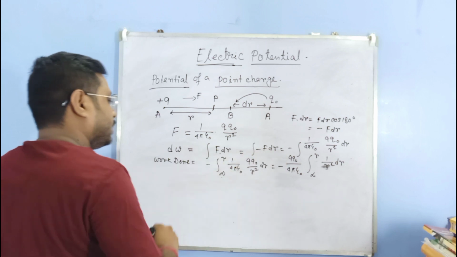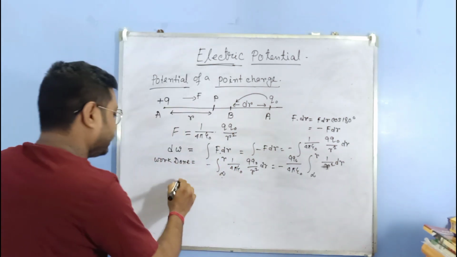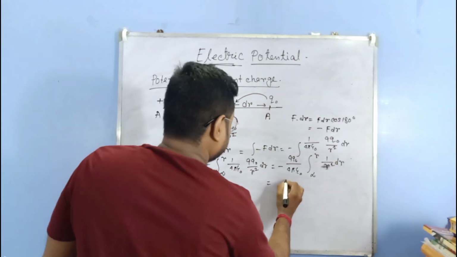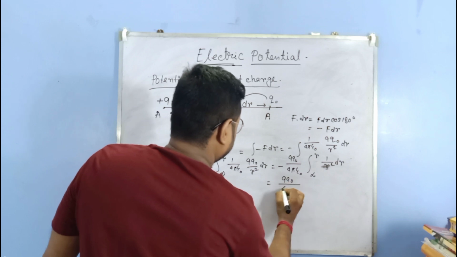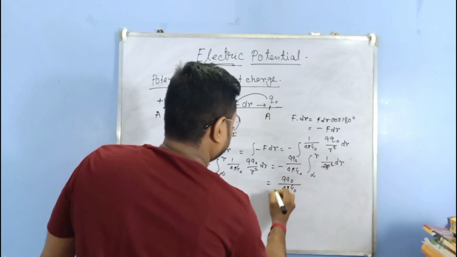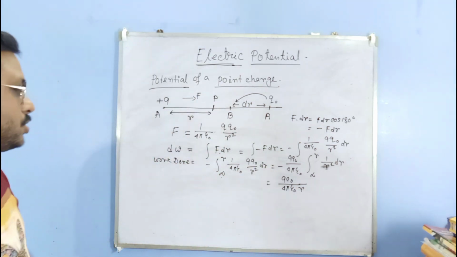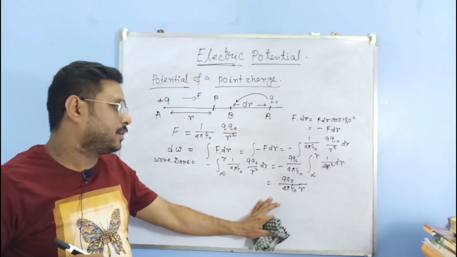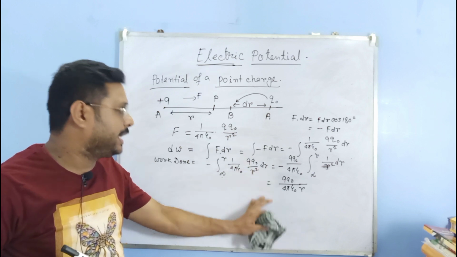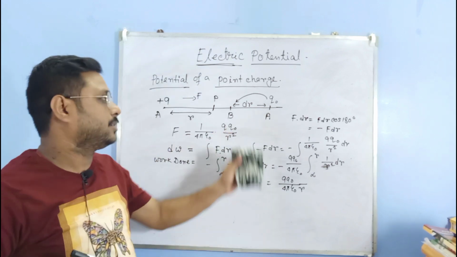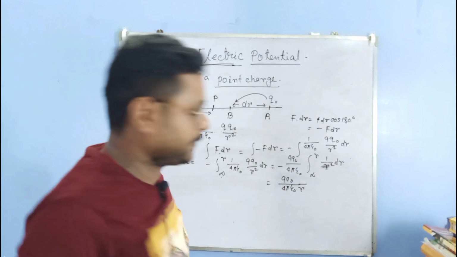I know you know the integration. So here the work done required is q0 by 4 pi epsilon naught r. This is the work done by an external agent to bring the charge from infinity to that point.